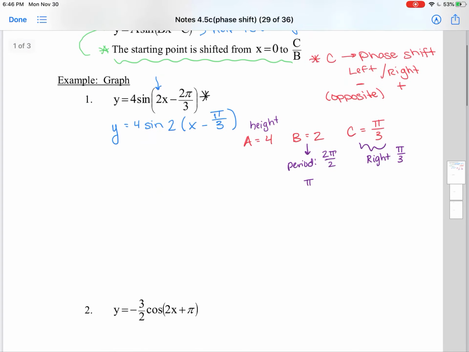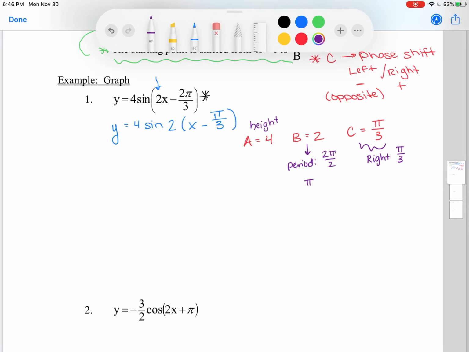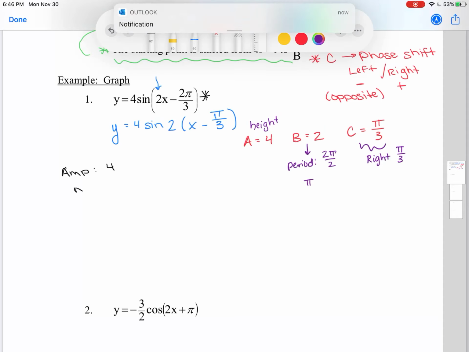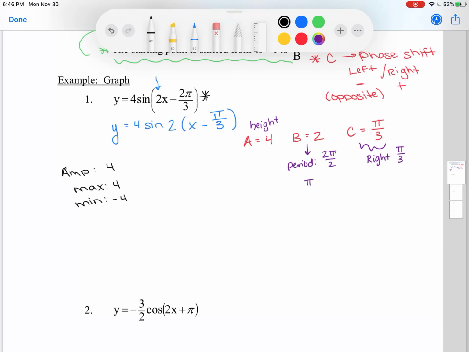So let me scroll down here and give myself some room. So let's start with amplitude. We know our amplitude is 4, so that tells me that my maximum will have to be a positive 4, while my minimum is going to be a negative 4. There's no changes up or down that's going to affect my height. Our period we just found was pi. Okay.